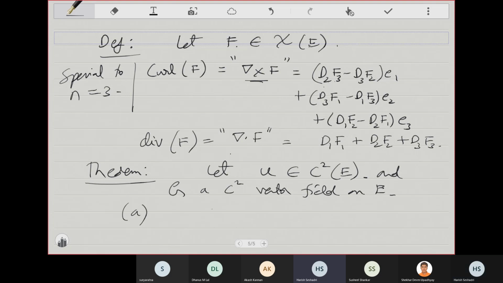Then, if F is equal to nabla U, so I started with U as just a function and took its gradient, then the curl of F is equal to 0.